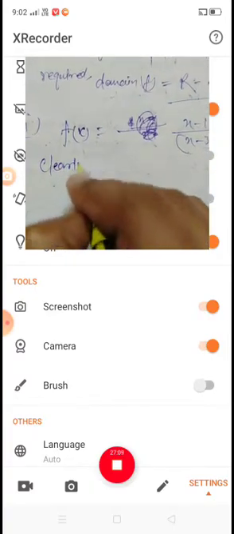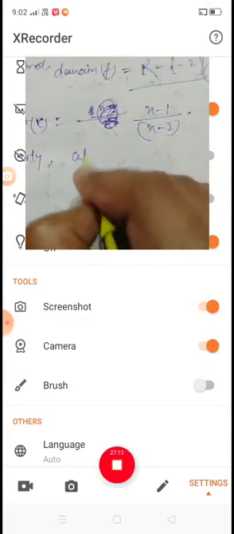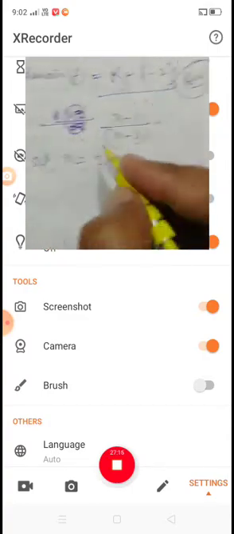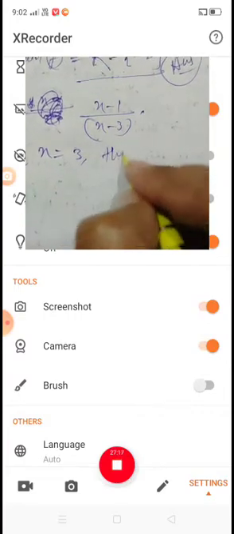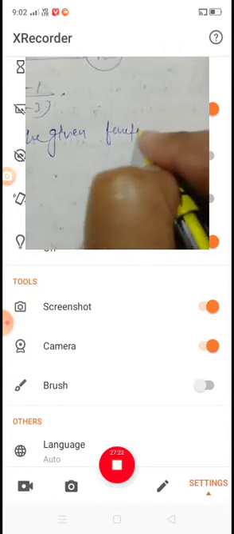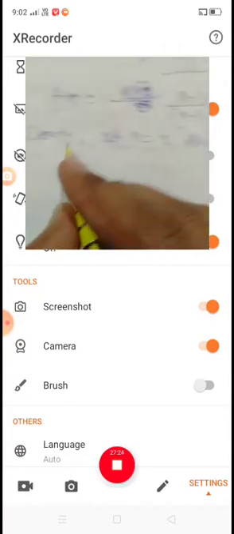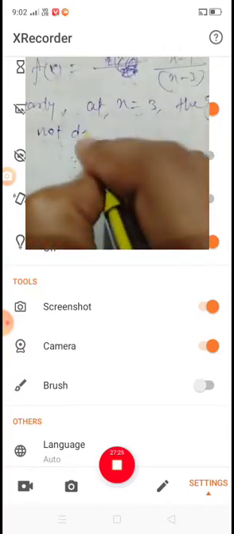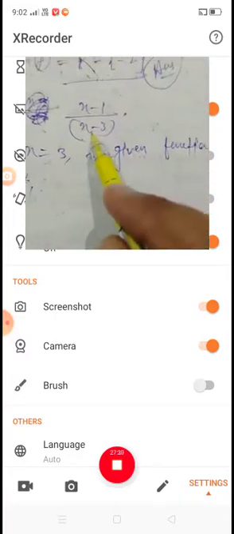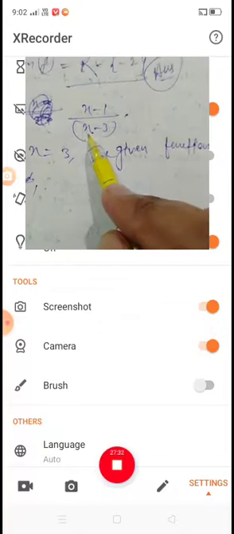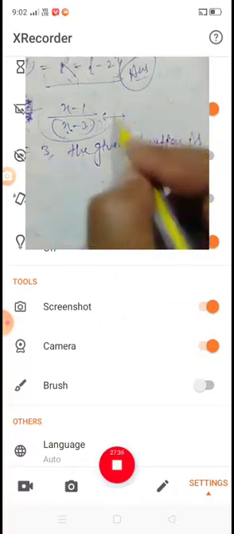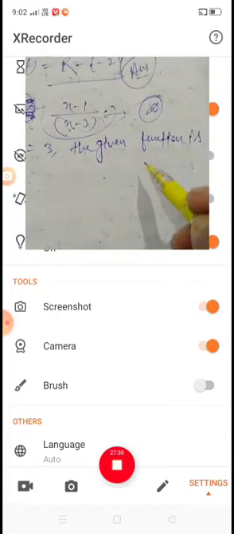Clearly at x equal to 3 the given function is not defined, because when we put x equal to 3 the denominator becomes 0, and so the given function tends to infinity, not defined.